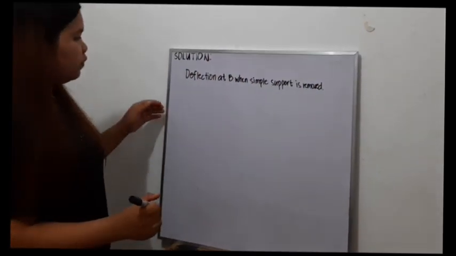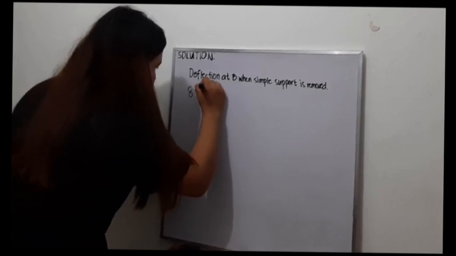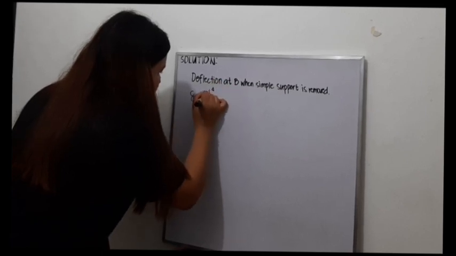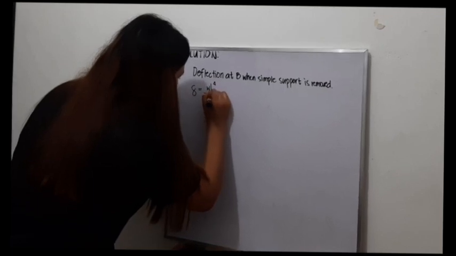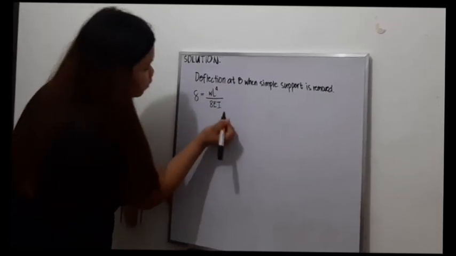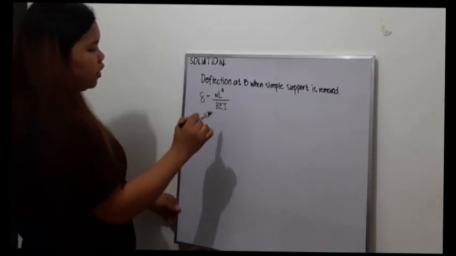So for that, we're going to write delta equals WL to the power of 4 over 8EI.